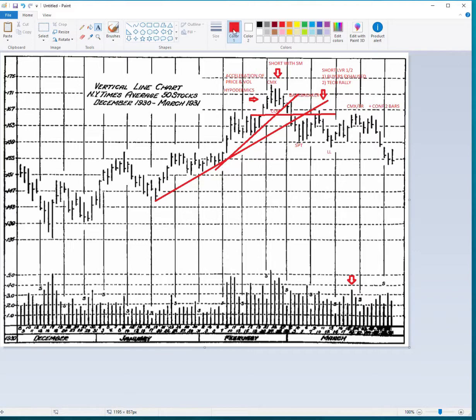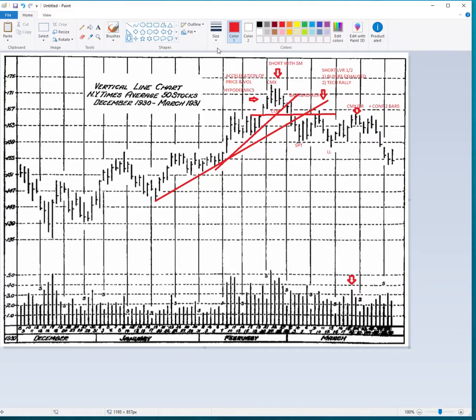The climax and the confirmation: your climax is this bar right here on heavy volume. After that you have a two bar confirmation. What did the two bars tell you? Lack of progress, lack of upside progress after all that volume. The lack of upside progress after all that volume means that the climax is confirmed.